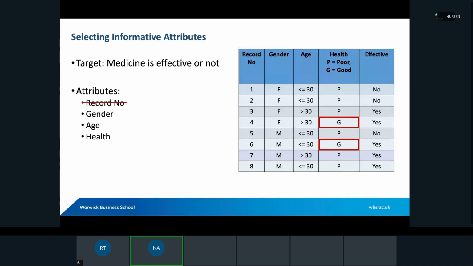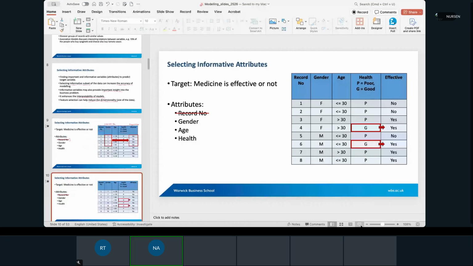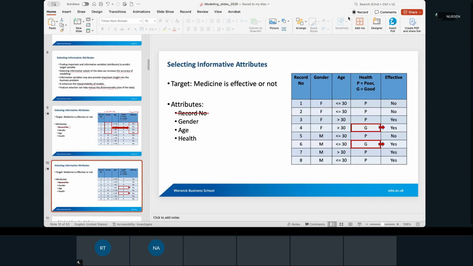How about if we know the health? This patient has good health. Can we say whether the medicine would be effective or not in this case? Consider each feature individually, do not consider combinations of the features.